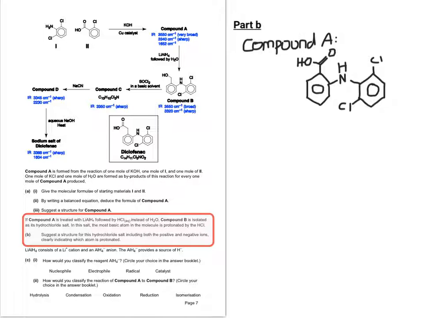What they want is a structure for the hydrochloride salt, including both the positive and negative ions, clearly indicating which atom is protonated. Nitrogen is the most basic atom in that particular compound because it's got 3 bonds and it's analogous to ammonia.